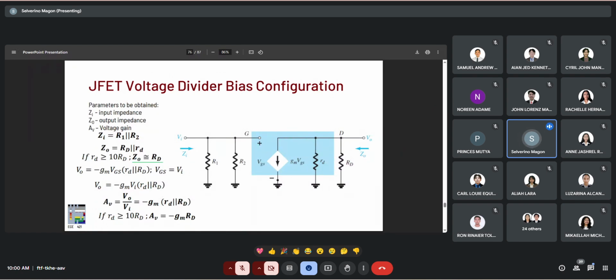Should we go through frequency response? Okay, so we will just go through the transistor amplifier circuit analysis.